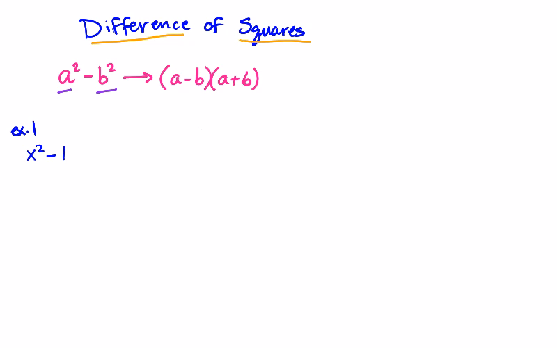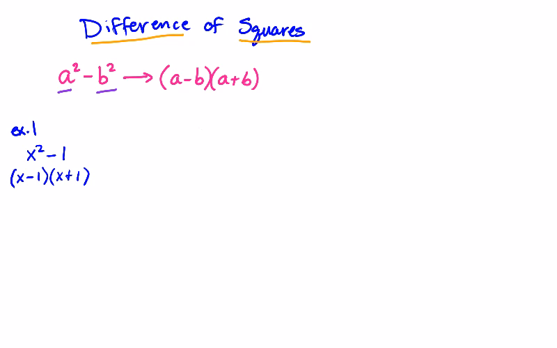X squared, when you square root it, is just x, and 1 square rooted is 1. So in each parentheses, we'll go x minus 1 and x plus 1. To check your answer, you could FOIL that back out, and you would see that after you multiply those two binomials together, the result would be x squared minus 1. But let's make it a little more exciting.